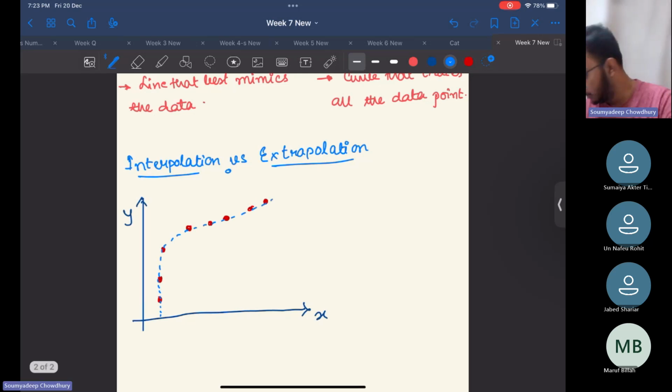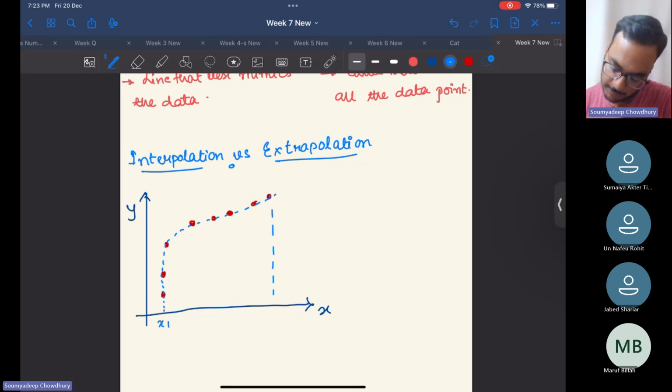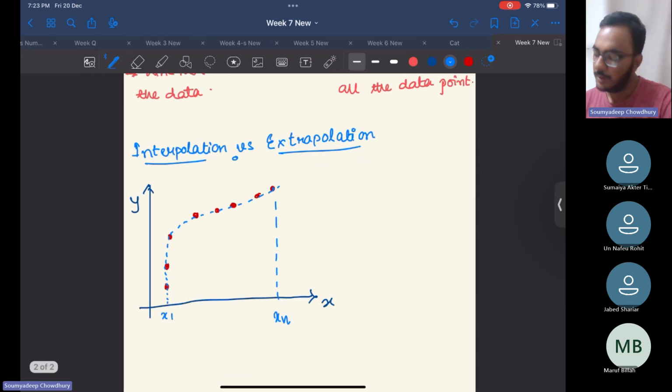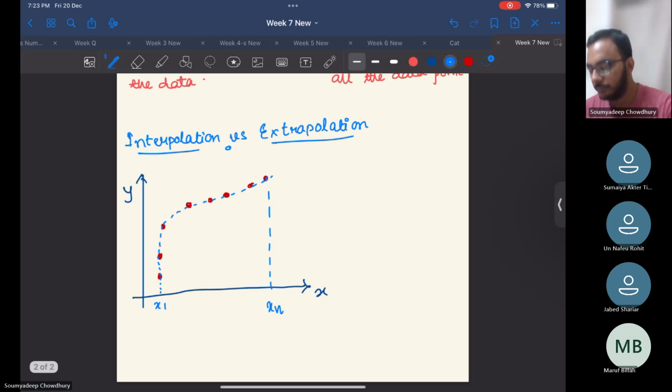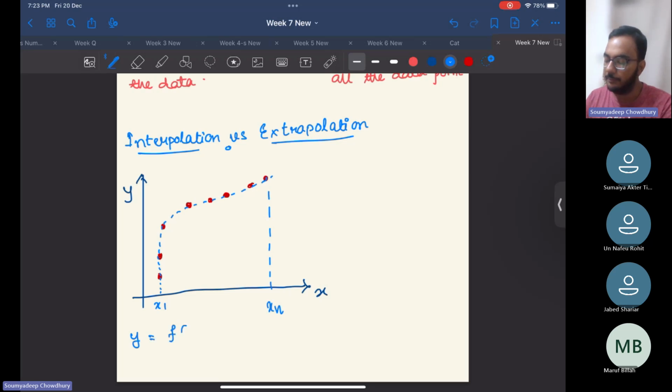So suppose this is your, say, x1, and this one is, say, some xn. You will get an equation of y in terms of x, right? So y will be some f of x. Now this function is valid only for x belonging to x1 to xn.